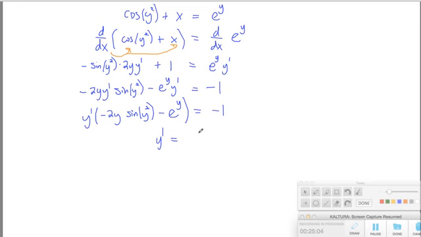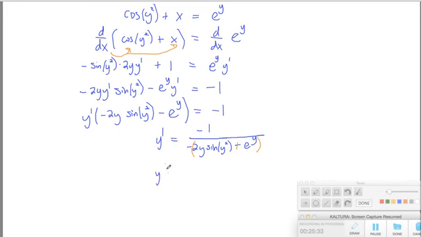negative 1 over negative 2y sine of y squared minus e to the y. Now if you wanted to, you could write that as plus e to the y and factor the minus sign out. Then the minus signs would cancel, top and bottom.